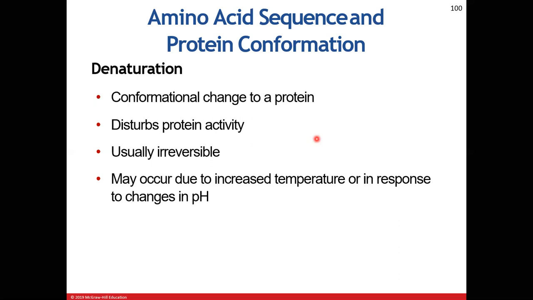And obviously once we grill the egg or throw it in the skillet, once it's cooked, it's not like we can go back and change it back. So you see how denaturing some of the proteins is usually irreversible. And again, that's just one example of increasing the temperature, okay?